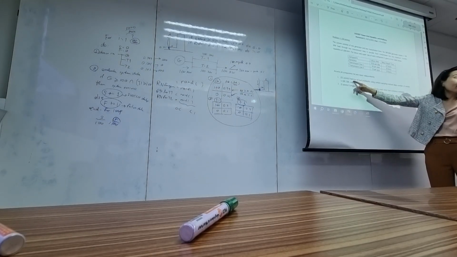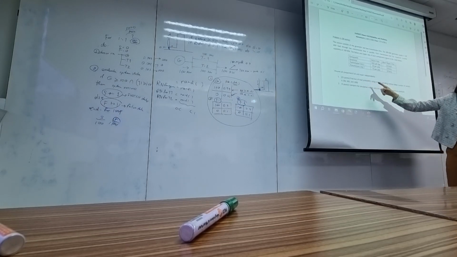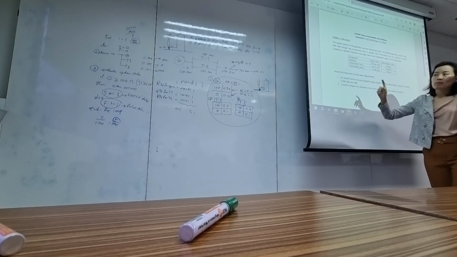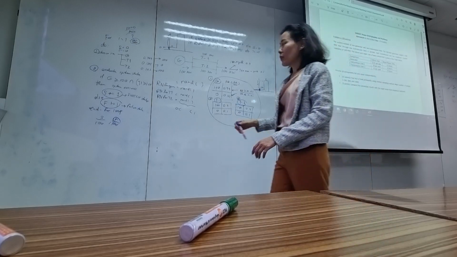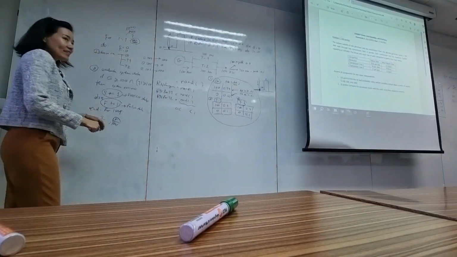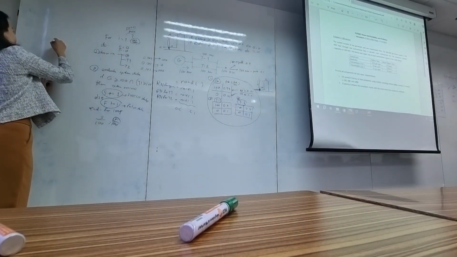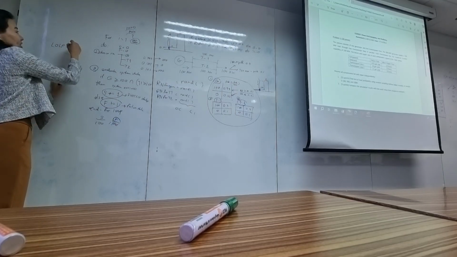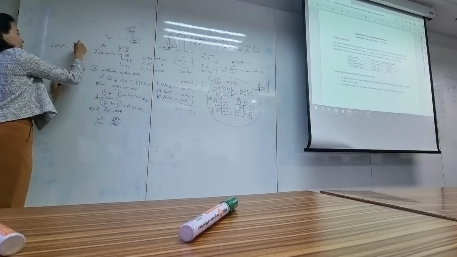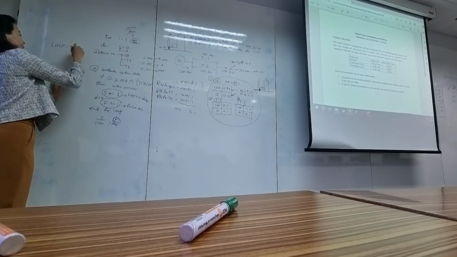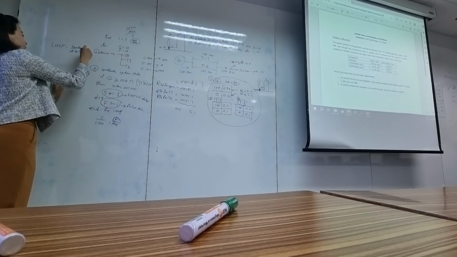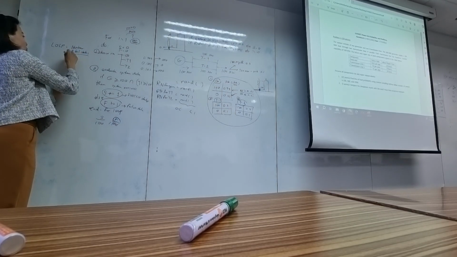Remember, find loss of load probability. Loss of load probability is the number of failed states divided by the total sample.